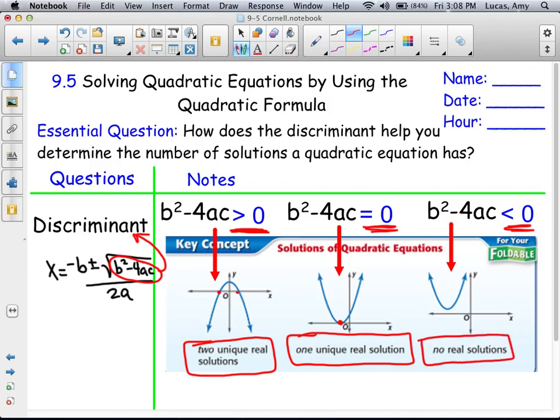When you're in Algebra 2, you will learn about imaginary numbers, so then you will learn how to solve quadratics that have negative discriminants. But for now, what you need to know is that if the discriminant is negative, there are no real solutions, which means your graph does not cross the x-axis. It's either up above the x-axis, opening upward, or down below the x-axis, opening downward.